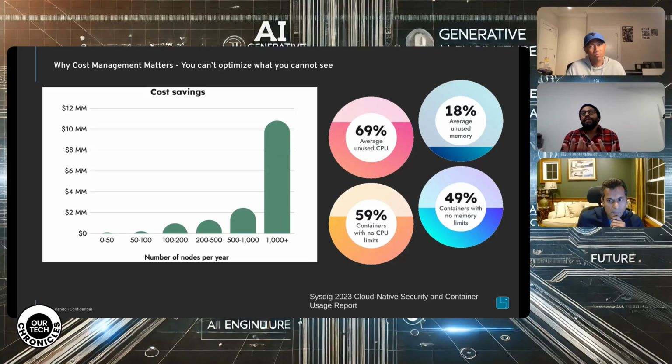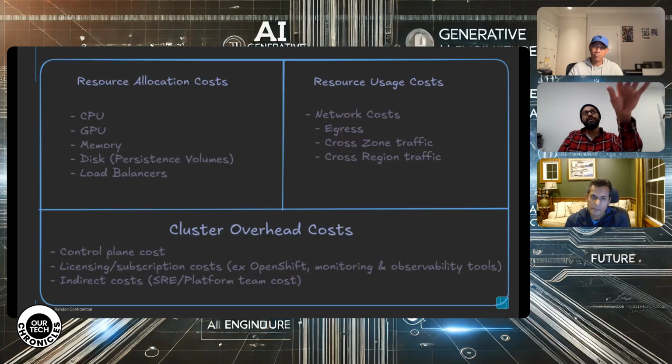The amount of wastage that's out there, and there's a lot of opportunity for cost optimization based on these industry surveys. So coming back to what was asked, we looked at the cost breakdown. There's two other things I want to look at, and then we can talk about the cost optimization strategies. Is that cool?